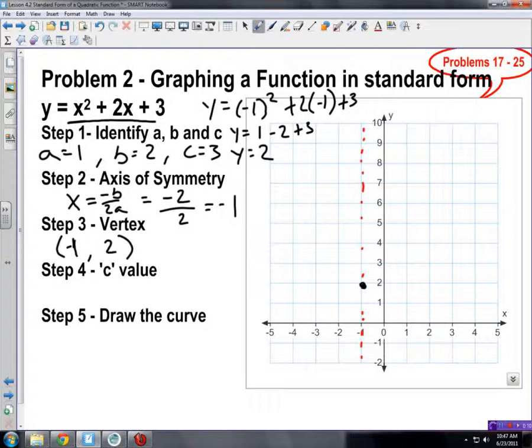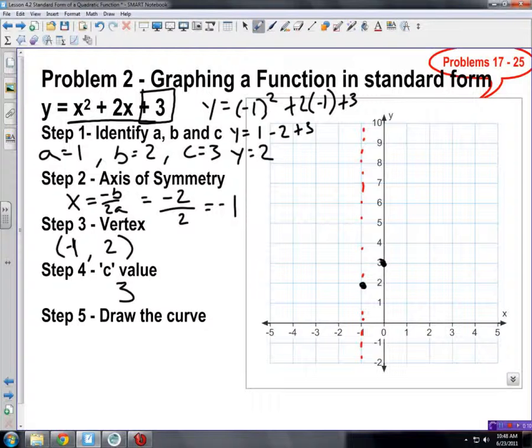So that's step 3. We've done steps 1, 2, and 3. Step 4 is to find the C value. Now, the C value, remember, is important because it's the y-intercept. So our C value is a positive 3, which means it's going to cross the y-axis at positive 3.